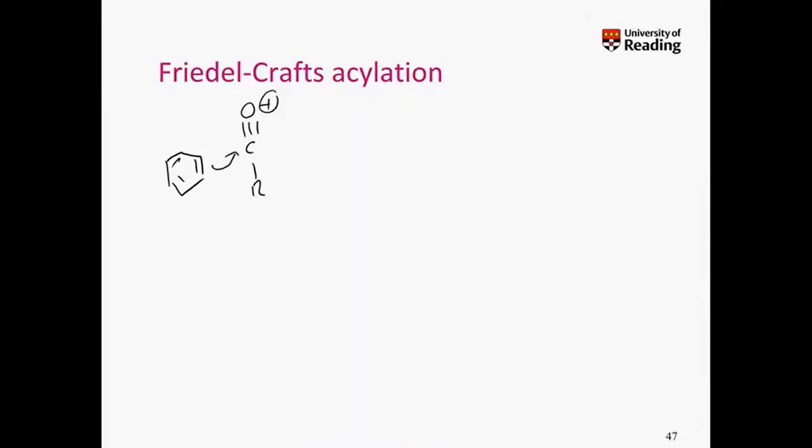Look, if we react there with the carbon, that means that the oxygen can take its electrons back. And you can see that you've generated that carbonyl bond back again, that C double bond O.